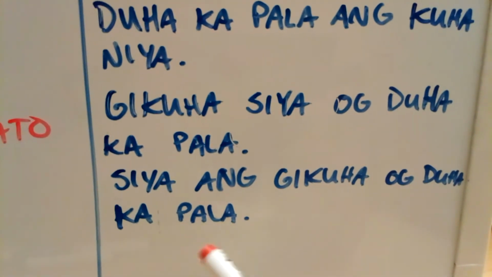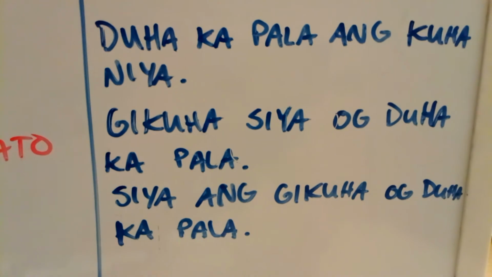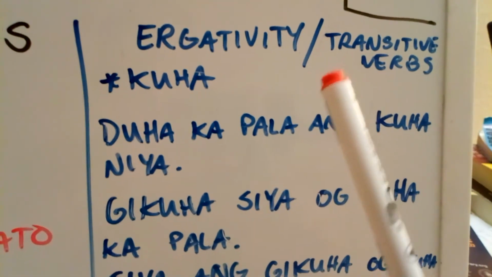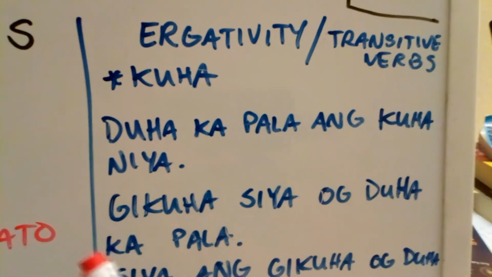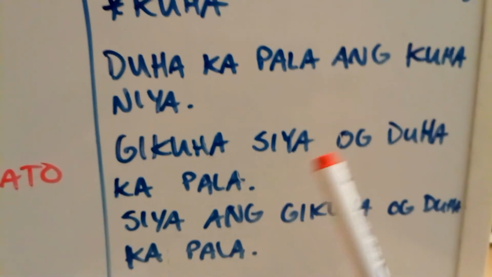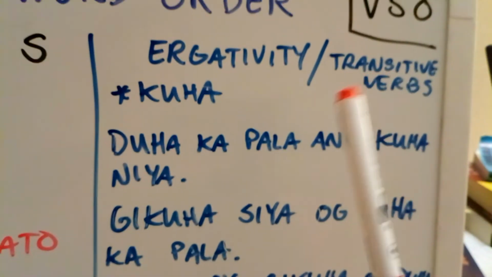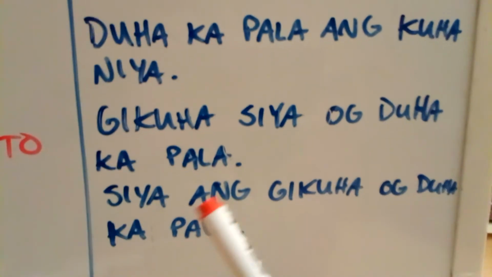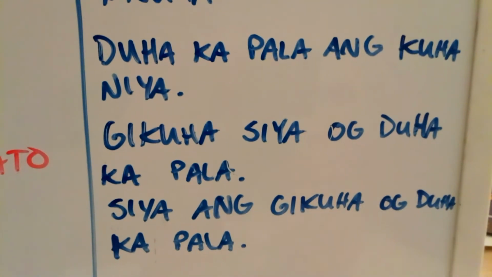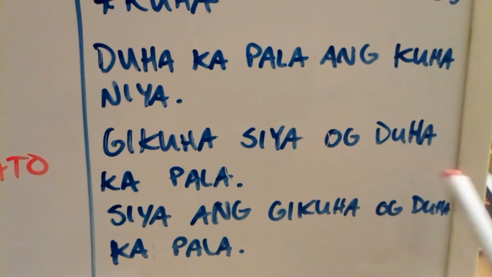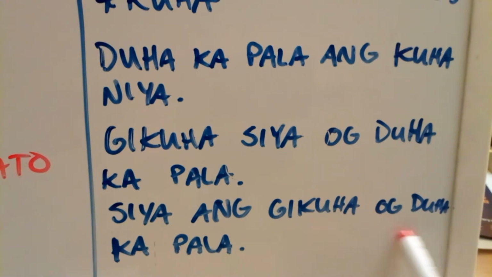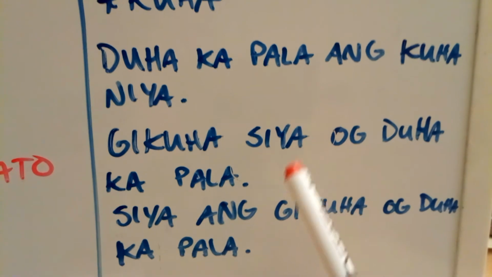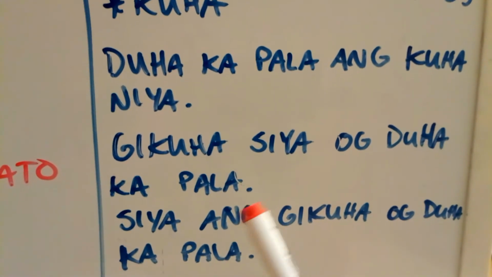And the last one, I just switched siya and gikuha around. If you switch the word order, because again, ergativity does that, it messes up the sentence by having pre and posts, right? But you can also do it with subject and verb. Although it's not going to have a good conversational flow, it's still understandable. So, siya ang gikuha og duha ka pala. The og duha ka pala is still saying the same thing, the two shovels. But our subject and verb switch places. We're still looking at the absolutive form.